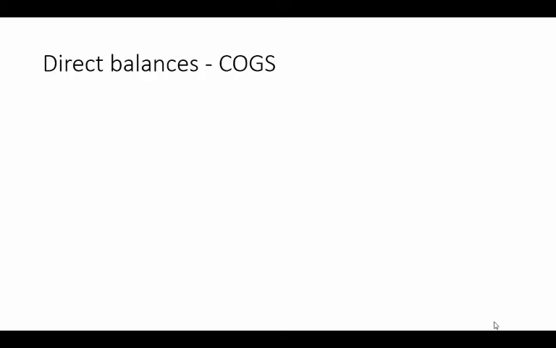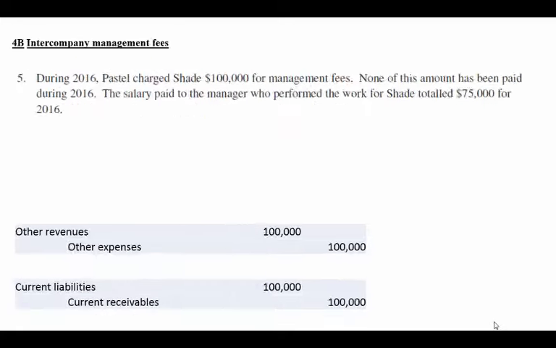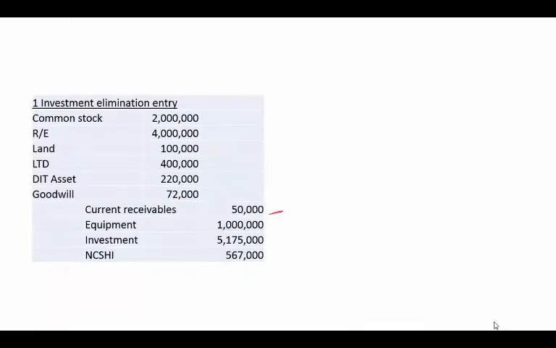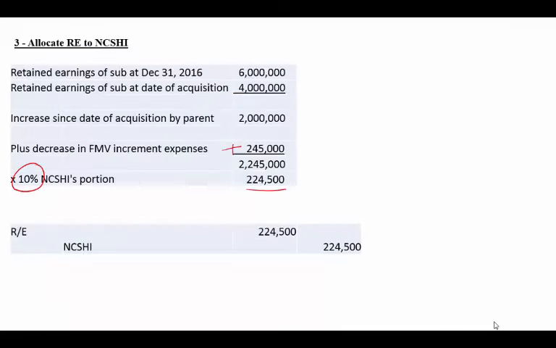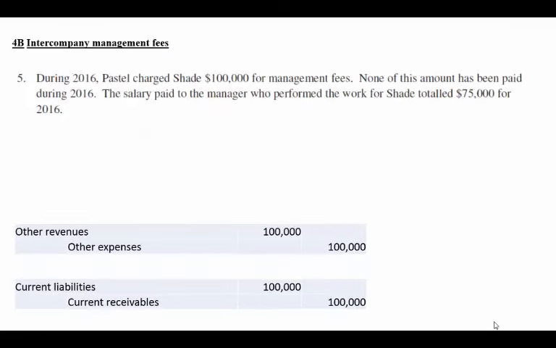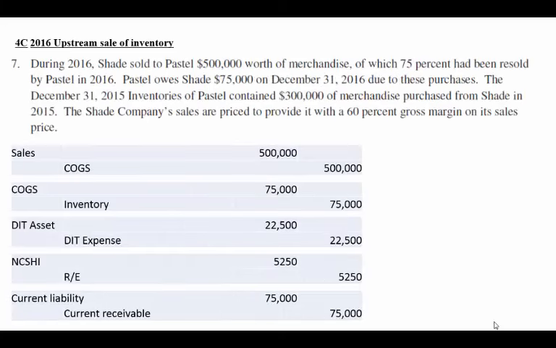Next, COGS. So we'll take the same logic. We'll take parent plus sub plus the various elimination entries we've prepared that impact COGS. So starting with our investment elimination entry, first time that we see COGS show up is in 4C, our intercompany inventory transaction.